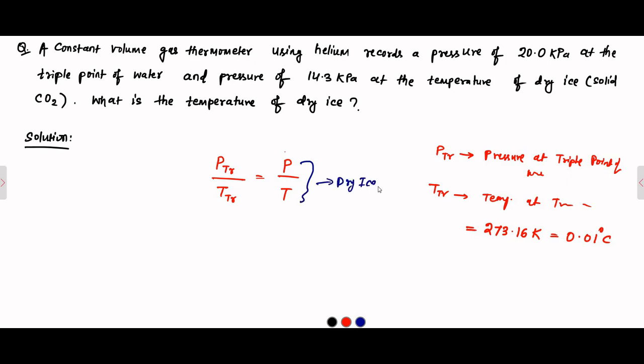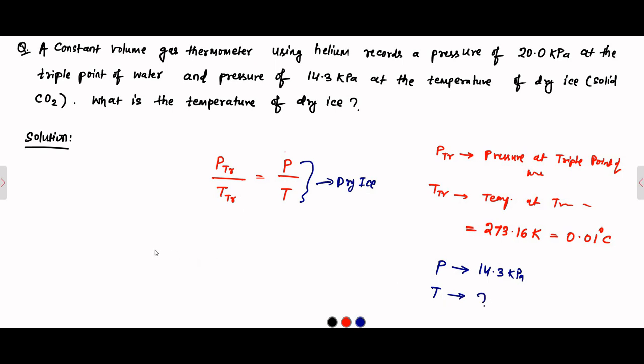So the pressure at dry ice is equal to 14.3 kilopascal, and the temperature of dry ice is what we have to measure.